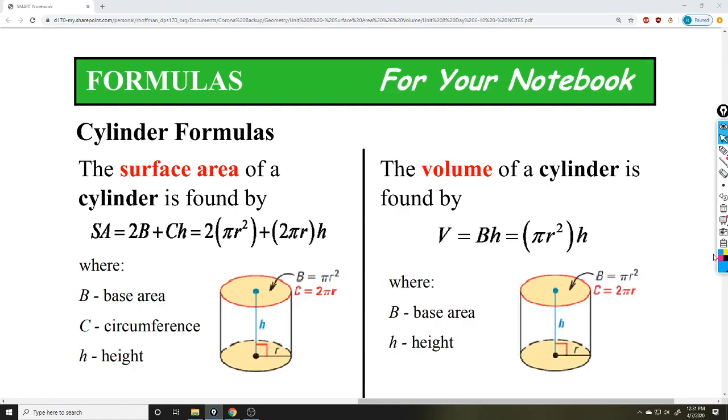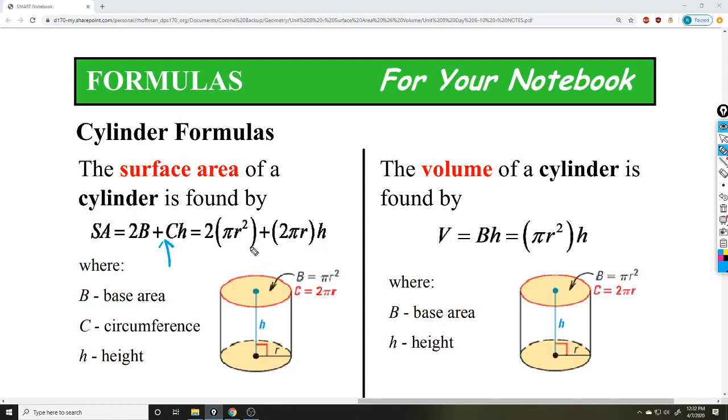Here they are. Now these formulas are not all that different from what we just looked at. Well, the only difference is right here. You can think of this as your perimeter. Because we don't have perimeter of a circle, we call that distance around the circle circumference. And so that's the only real difference.